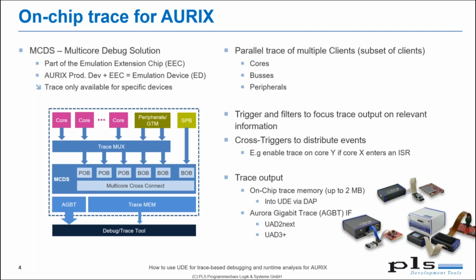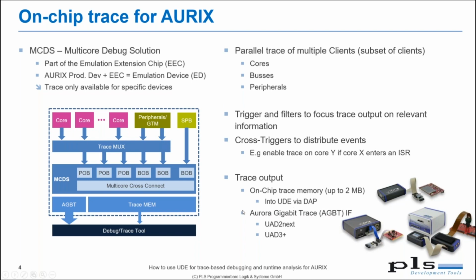For some of the Aurix development devices or emulation devices, we have a serial trace interface, the HSCT. This can be used to get the trace stream directly off chip. It is based on the Aurora protocol and can transfer the data at 2.5 gigabit per second.